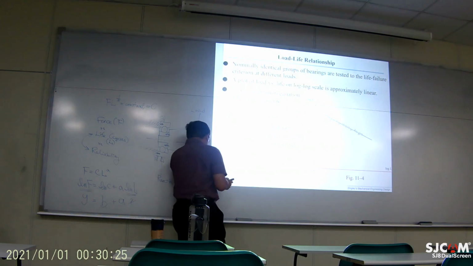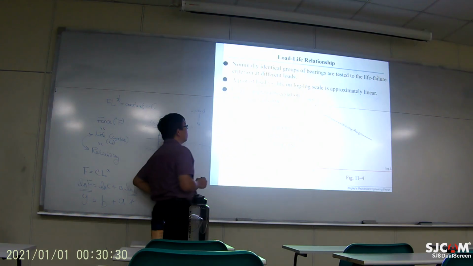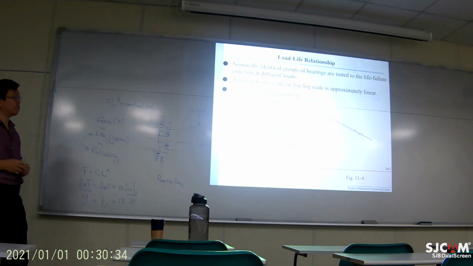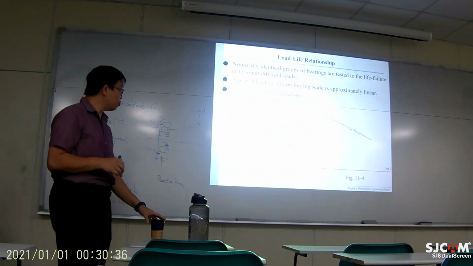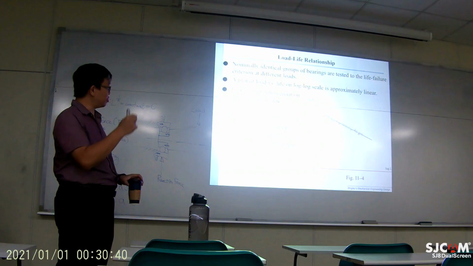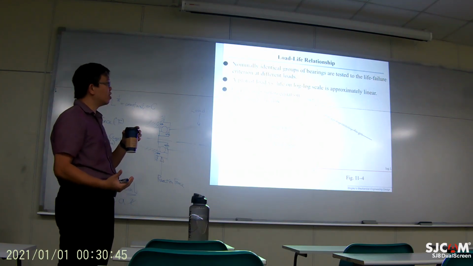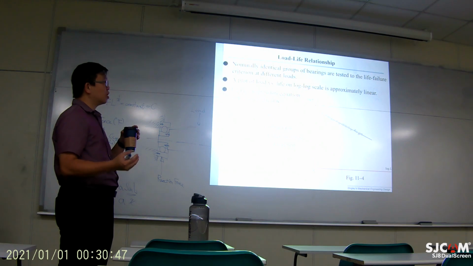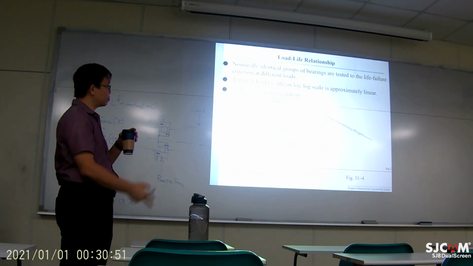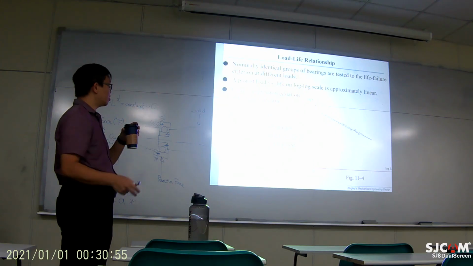For roller, sorry, A equals 10 over 3. So this is like a recommended power. If you are working on a ball bearing from some category, you need to check what the coefficient is. Maybe different manufacturers produce different bearings, and their relationship between the force and life follows different coefficients.